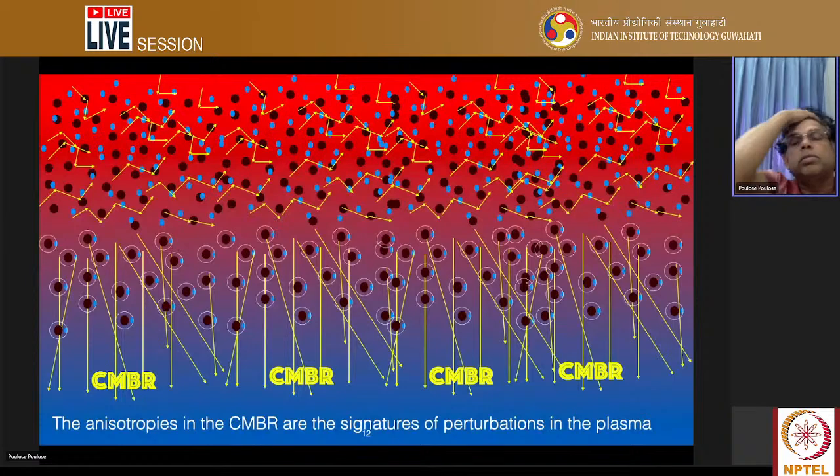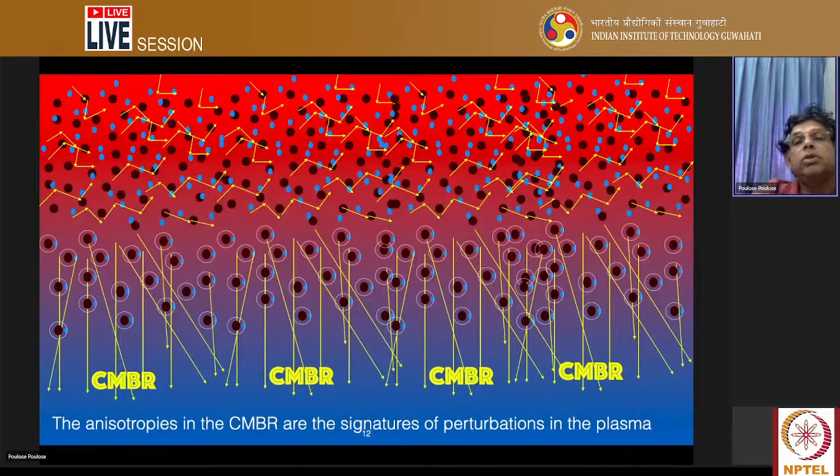We did not have atoms, but we had electrically charged electrons and nuclei and protons. So photons were interacting there. So any small deviations in densities or properties in different regions would perhaps reflect in the light or the photons coming from these different regions.